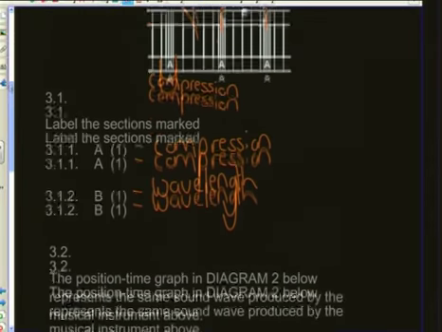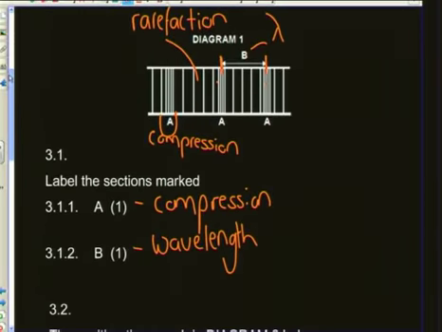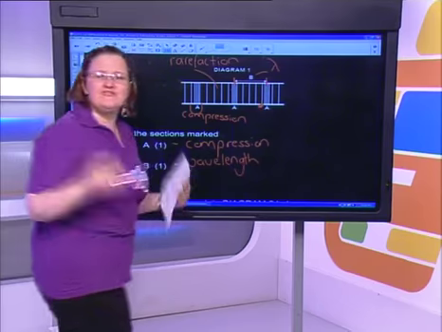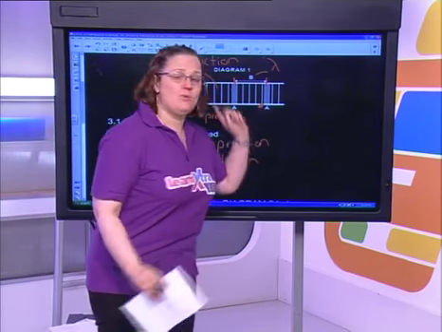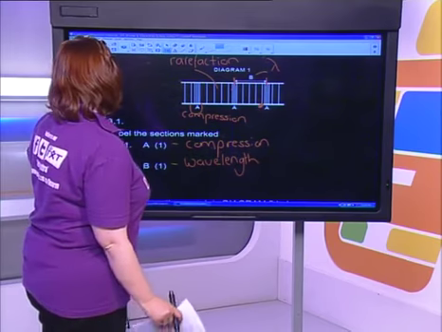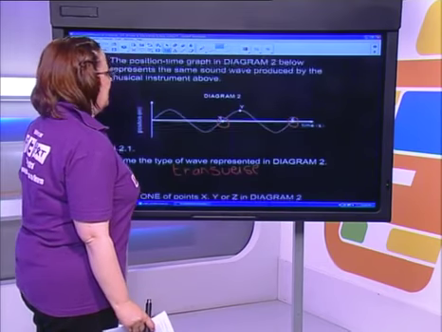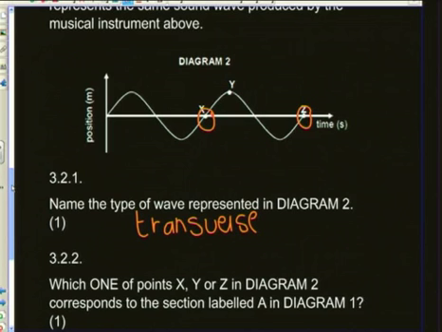It's very difficult to see in a longitudinal wave, your rest position is here somewhere. It's not point A. Okay, so X and Z cannot be point A. It has to be Y. Your maximum displacement, okay?